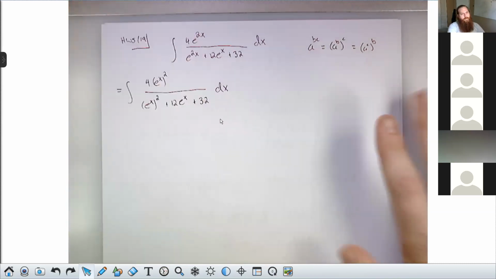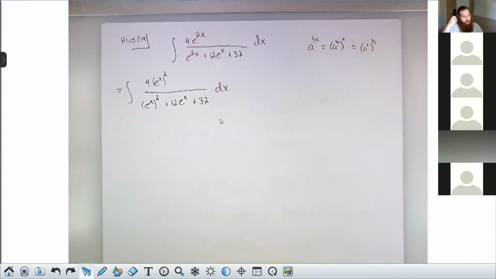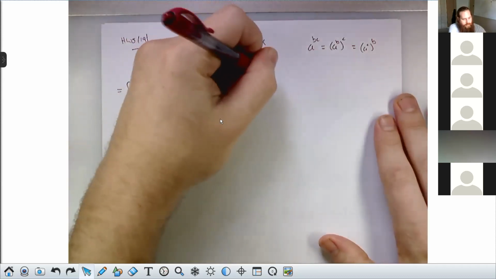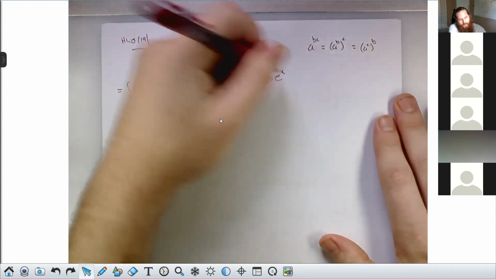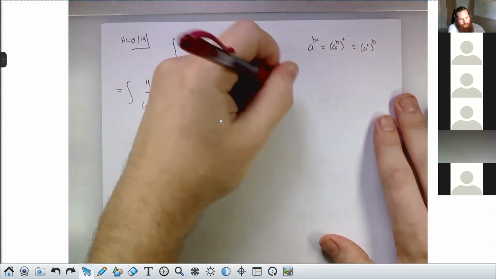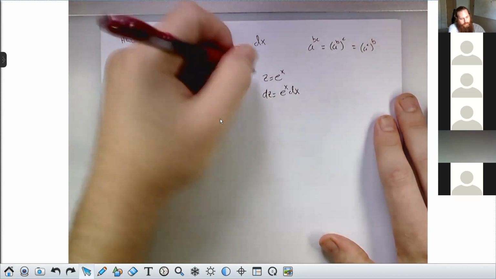And hopefully writing it this way makes it easy to see the substitution we should use. This integrand is riddled with e to the x's. So I make the substitution z equals e to the x. dz is e to the x dx.